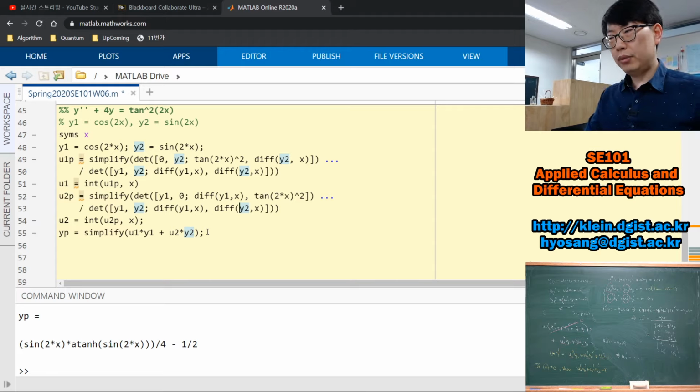It's simply a text file. You don't have to install MATLAB on your computer to open the M file. Just open the M file using Notepad and then copy and paste that code into the MATLAB online website, and that works.